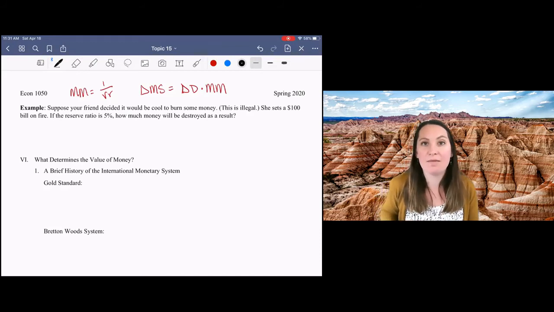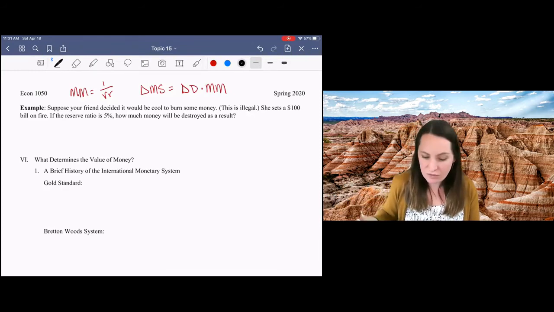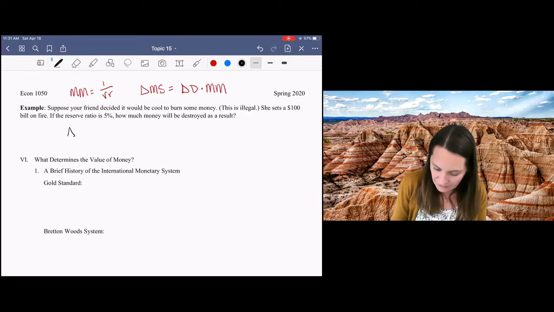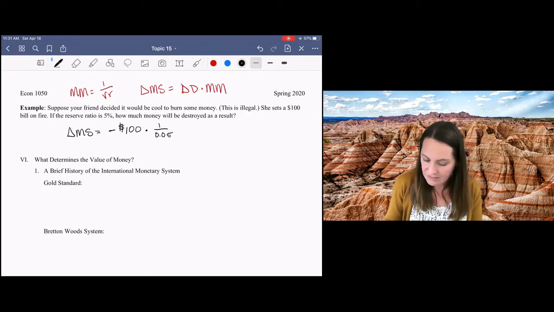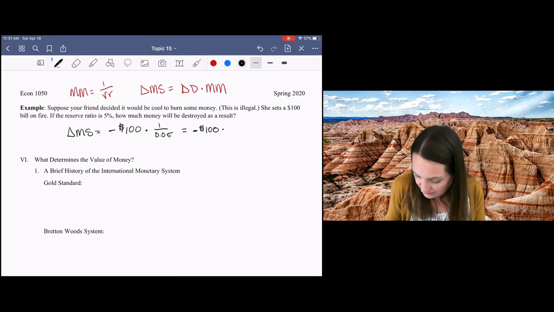More than $100, right? Because that $100 is not in the bank, it's not being loaned out to other people, so we're going to lose. Our change in the money supply will be equal to not just that reduction in currency, but also a reduction in the money supply, because every dollar in currency here is getting multiplied by 20 to create, every dollar in currency creates $20 in money through the fractional reserve banking system.